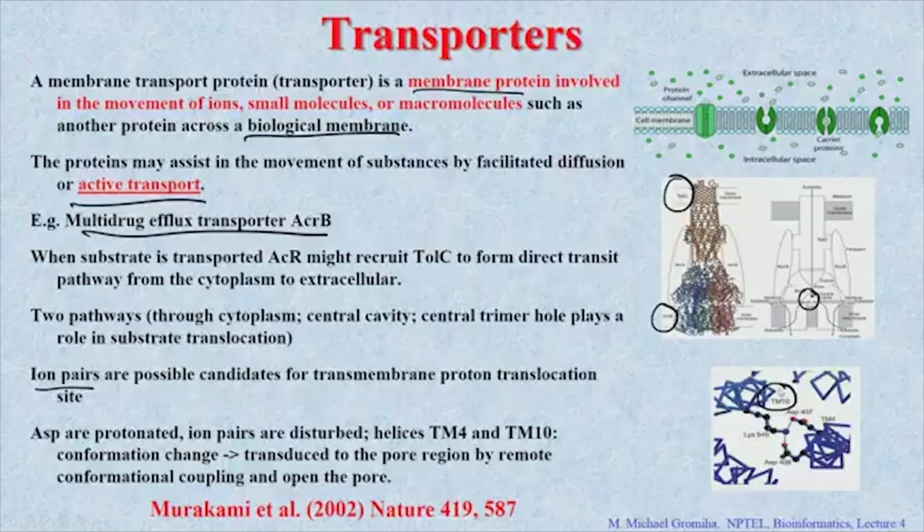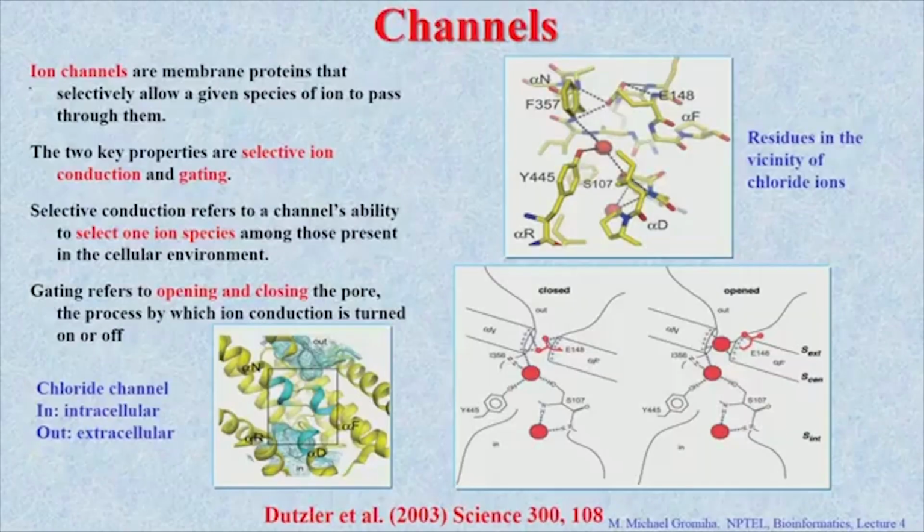So transmembrane helix 10 changes conformation, and due to the pumping mechanism the substrate is pulled out through the outer membrane to the outside. This is how the transport mechanism works. Likewise, various transporters are known in the literature, but they have different mechanisms to transport ions and molecules across the membrane.